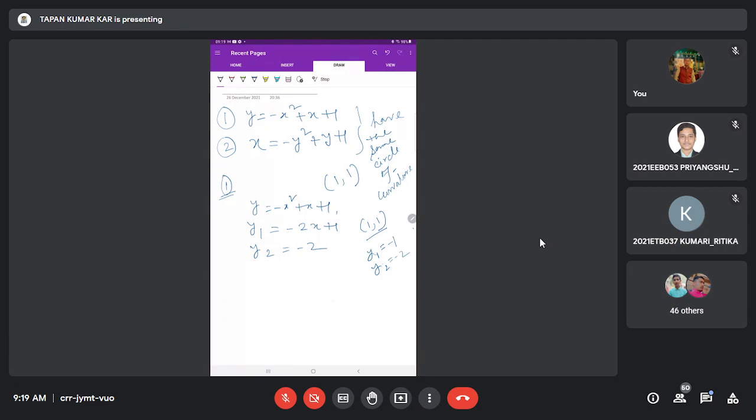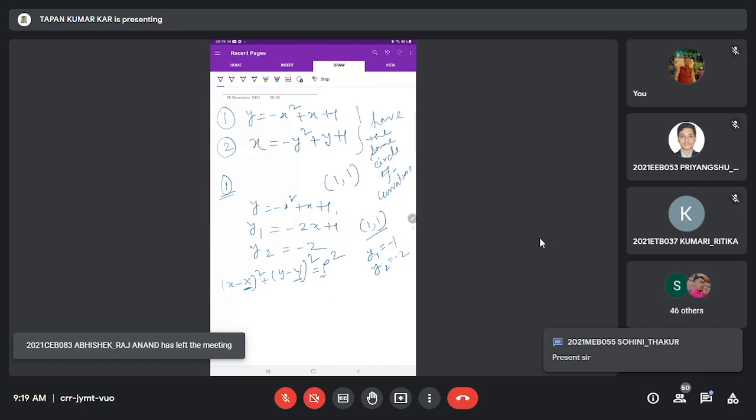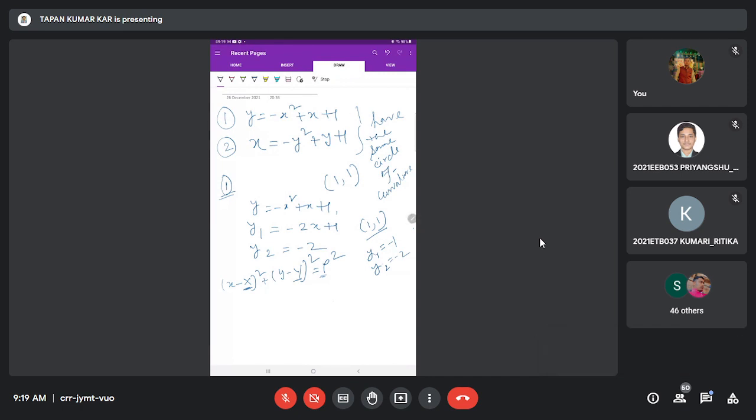So the circle of curvature formula is (x minus X) whole square plus (y minus Y) whole square equal to rho square. So you have to determine the center of curvature and the radius of curvature, then only can you find the circle of curvature. What is the formula for the radius of curvature?